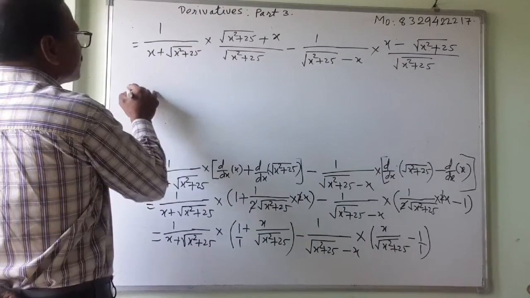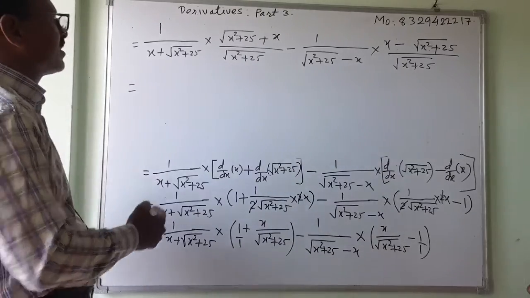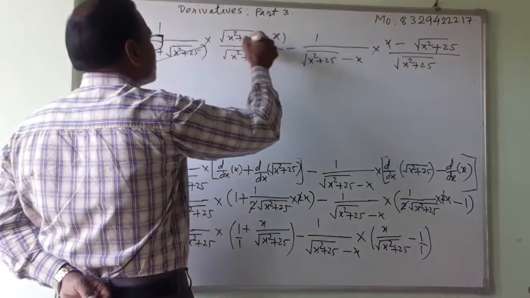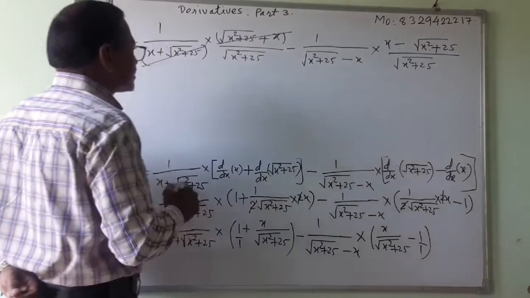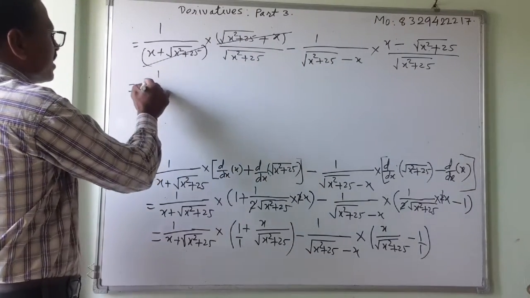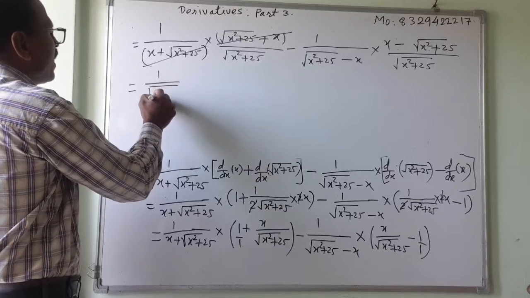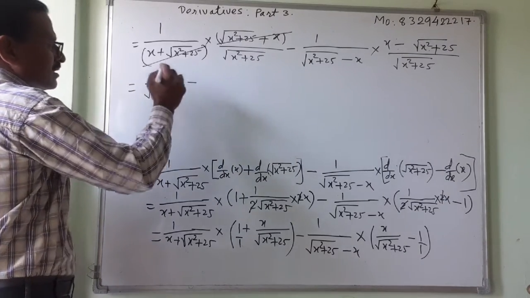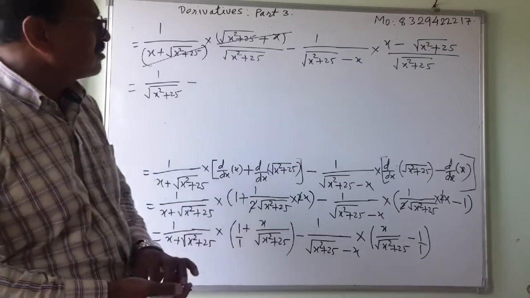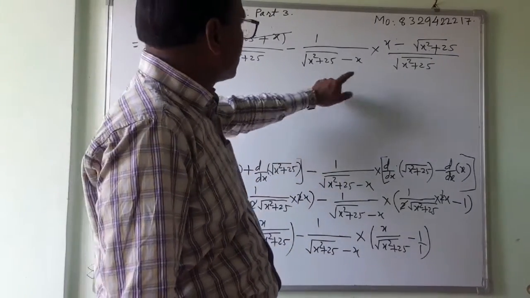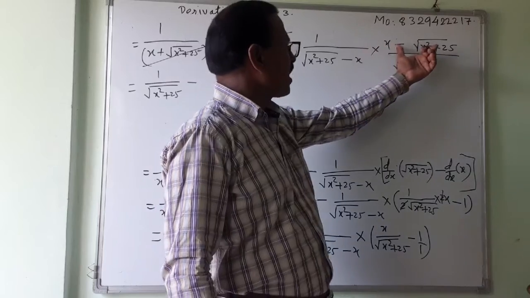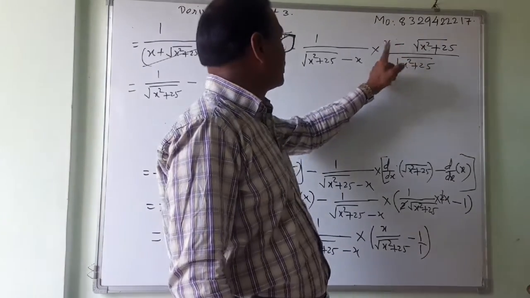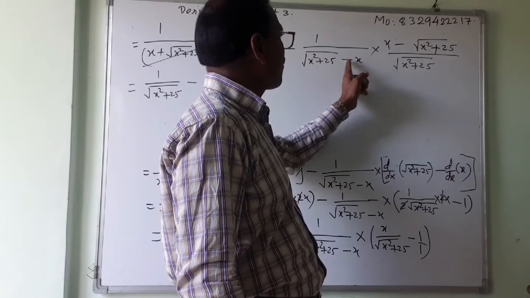That is equal to, whatever I can cancel, I will cancel this much part. This will get cancelled with this. Put the bracket and then cancel, it looks better. So what remains here is 1 upon root of x square plus 25 minus. Now see this part and this part is just the same except with this sign. This sign should be negative for x.